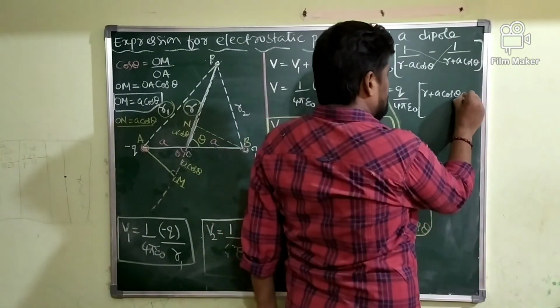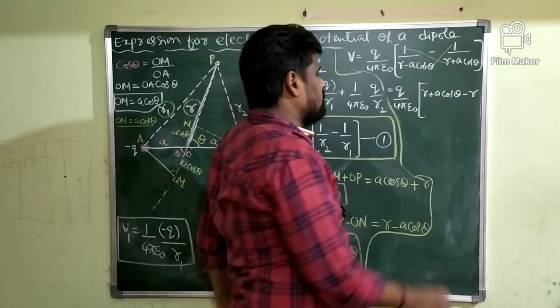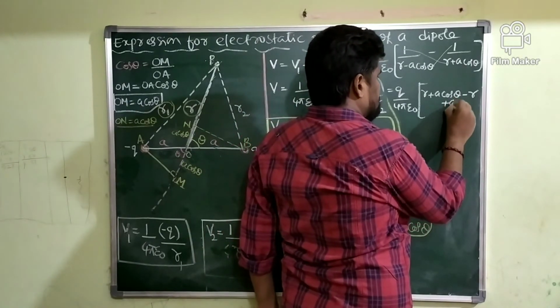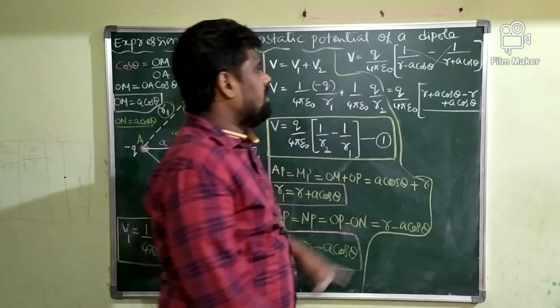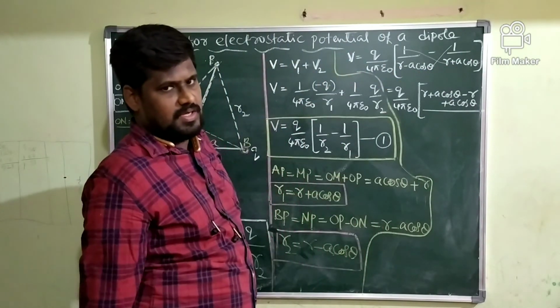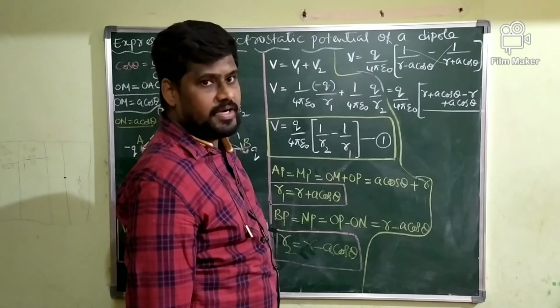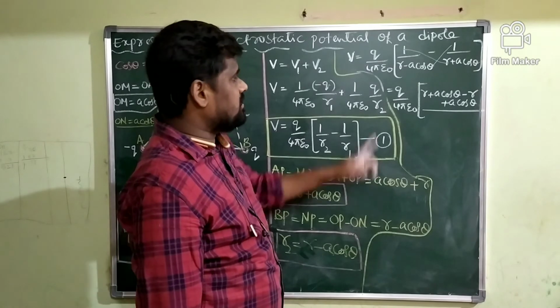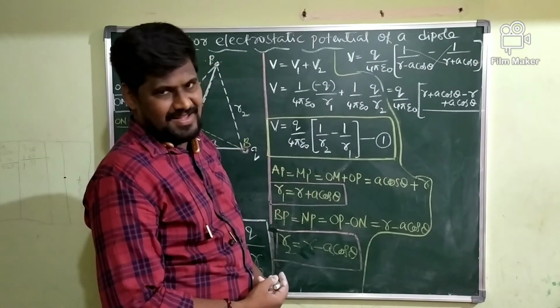It will become minus R, and minus into minus becomes plus A cos theta, divided by R minus A cos theta into R plus A cos theta.